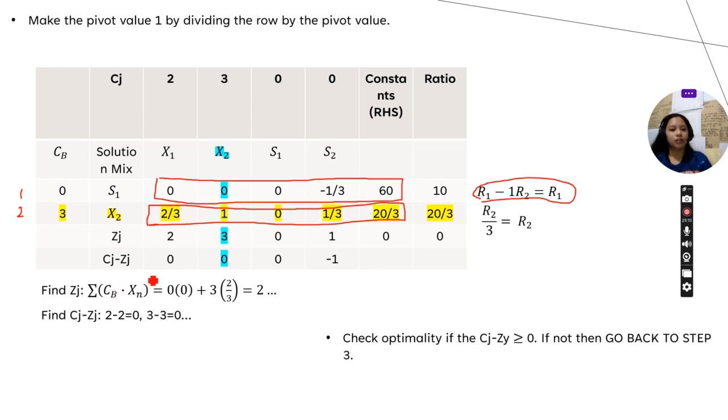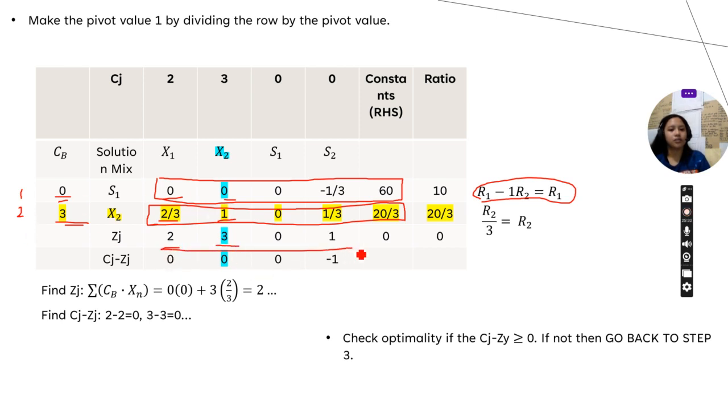So to get the Zj, we have the summation of Cb times Xn. So 0 times 0 plus 3 times 2/3 is 2. Then 0 times 0 plus 3 times 1 is 3, and so on.